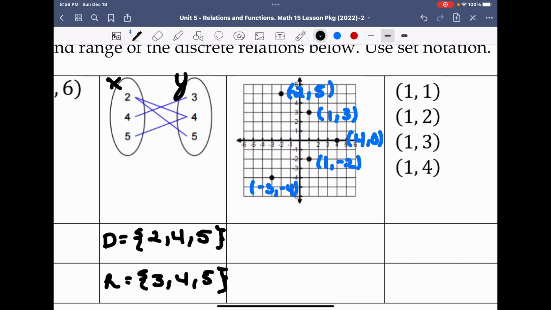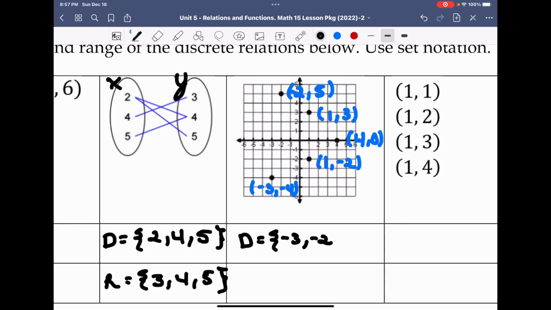Now, this is discrete data because we're just describing a bunch of points in the Cartesian plane, and they're not connected by any lines, so they're not continuous, they're discrete. Domain: I'm going to list out all the possible x values here. Right away, I see that we have negative 3, which is the smallest x value, then negative 2. Then what I want to pay attention to here is that we have two 1s for our x values.